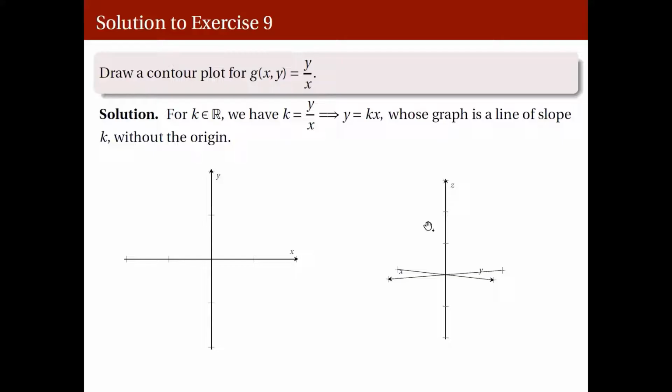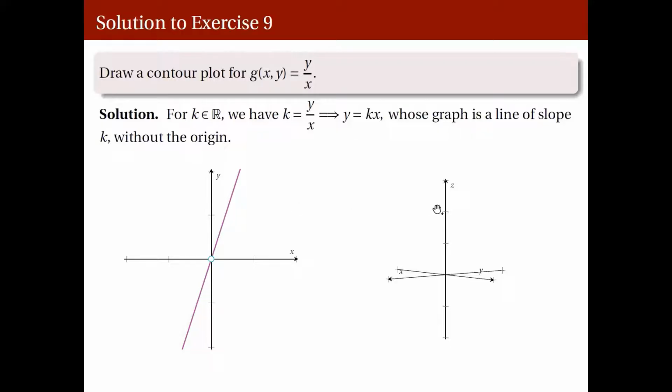So for example, I will add here the level curve of elevation 3. So k equals 3. So it looks like y equals 3x without the origin. On the 3D side, we do not need to draw this right-hand part too. It is just to see how these curves interact with the actual graph of g.